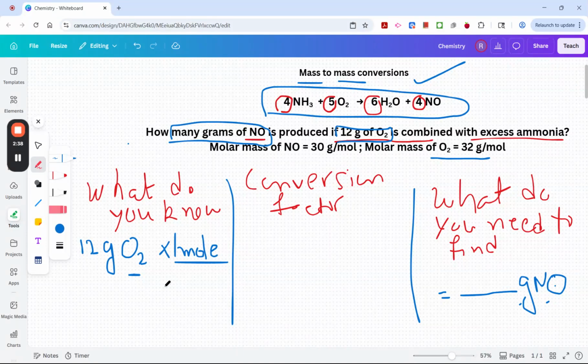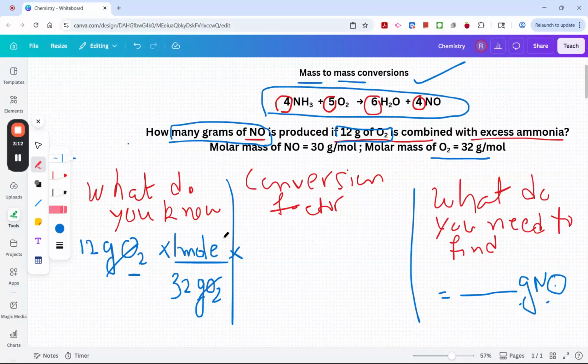They think oxygen means O, but if you see the word oxygen, not the formula, oxygen means its natural state of existence, that is O2, not O. If we are using the oxygen atom, the atom should be mentioned in the question. So 1 mole of oxygen is equal to 32 grams. Here we go, 32 grams. You can see the same units cancel. Now I have oxygen in terms of moles.